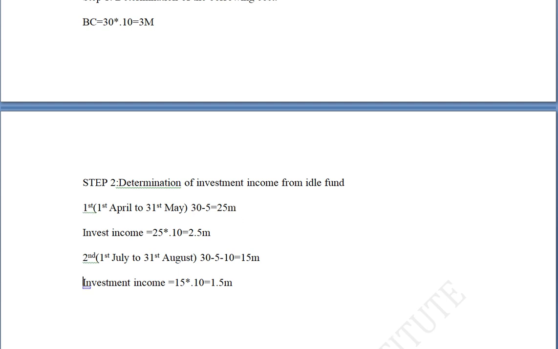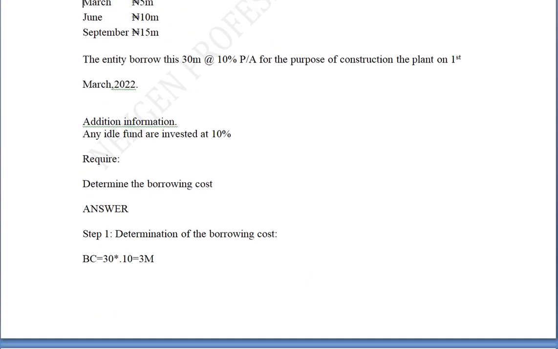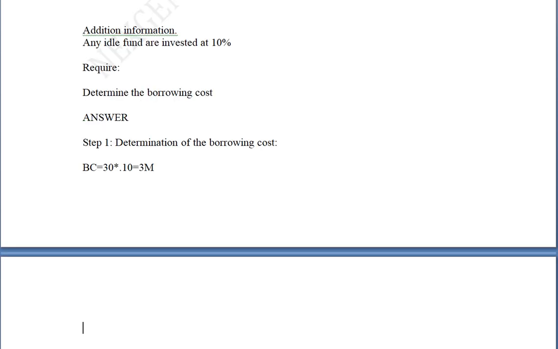And then we were also told that September was the last time that they used it, and there is nothing else that we are going to check again. So you have the total investment income.